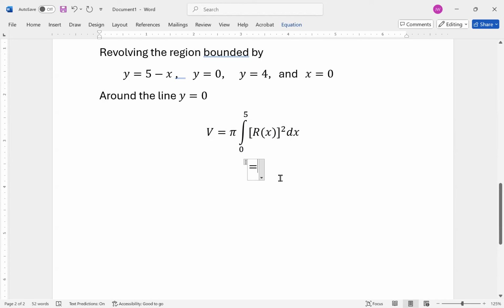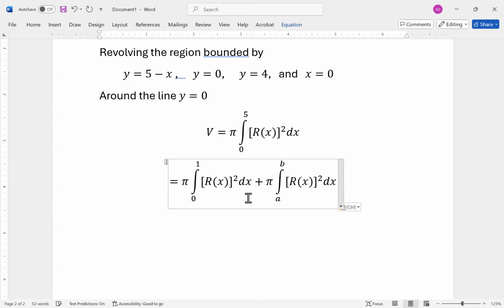So what I would do is integrate from 0 to 1, find that value, and then integrate from 1 to 5 and find that value.